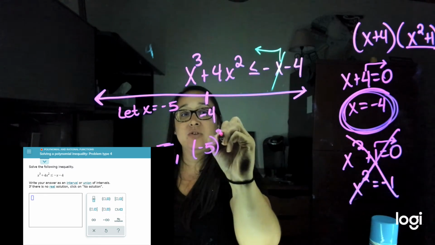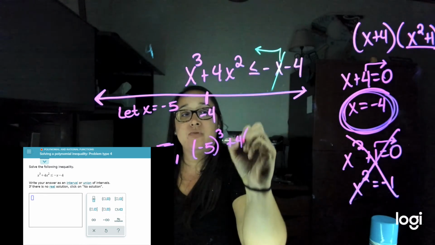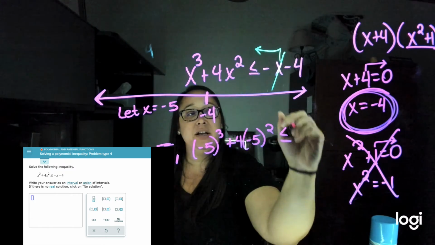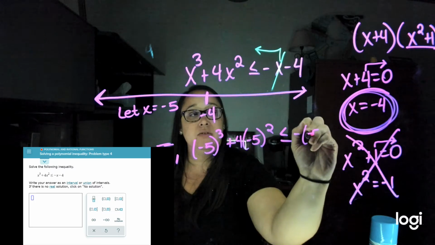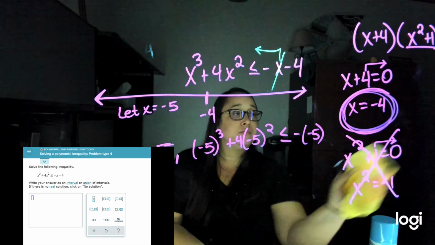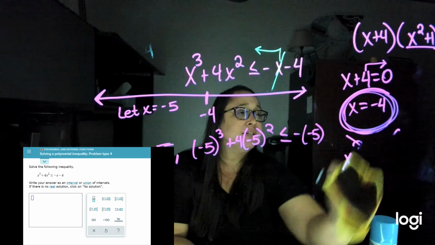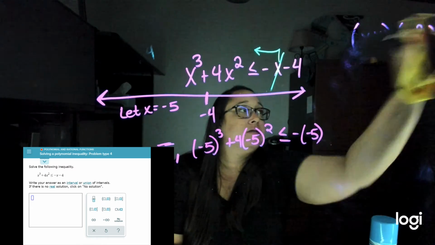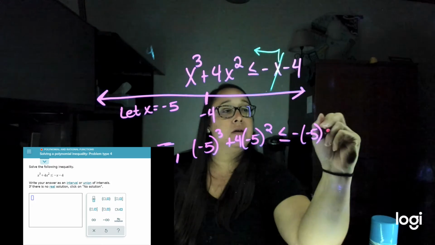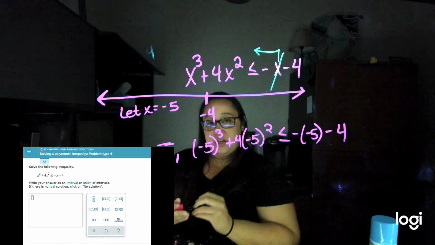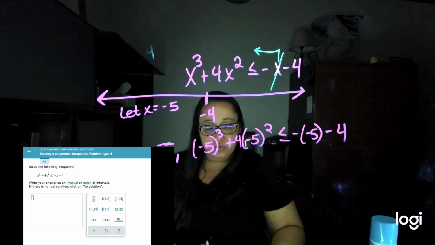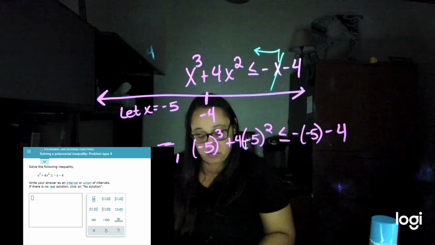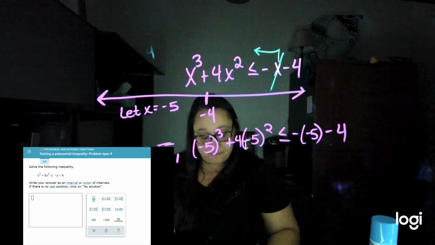So I have -5 cubed plus 4 times -5 squared is less than or equal to the opposite of -5 minus 4. Give me just a second. Let me erase this. I'll give you just a second to try to see if you can figure this out. Pause the video.